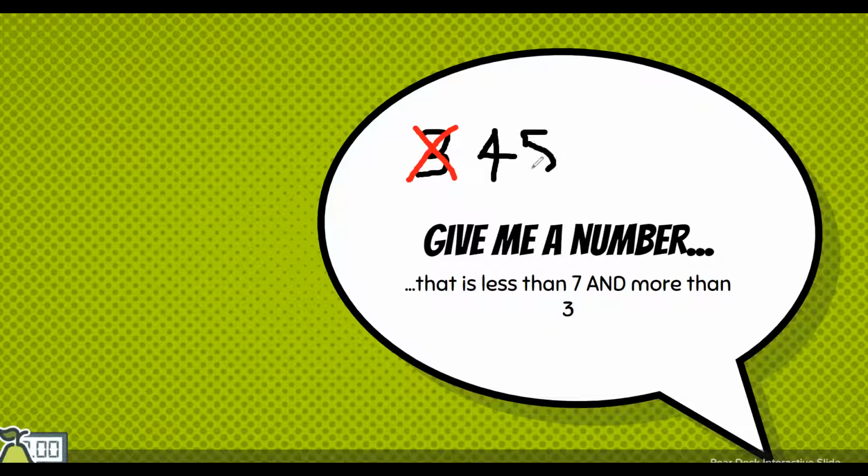Same with 5, same with 6. So ask yourself, what about 7? Well, 7 wouldn't work either because 7 is not less than 7, but it is more than 3. So the whole numbers that work for this are 4, 5, and 6.